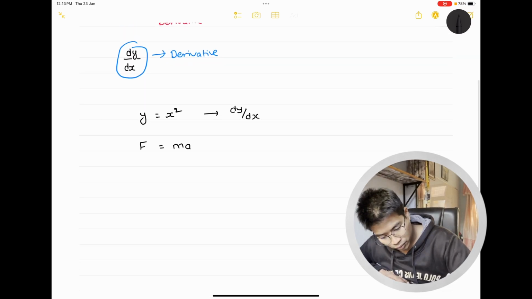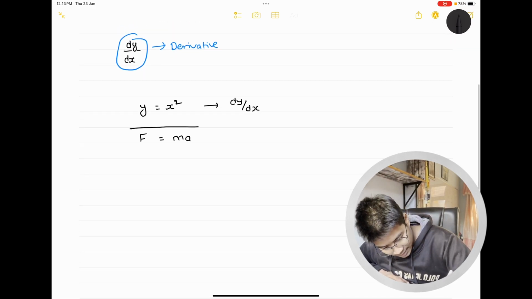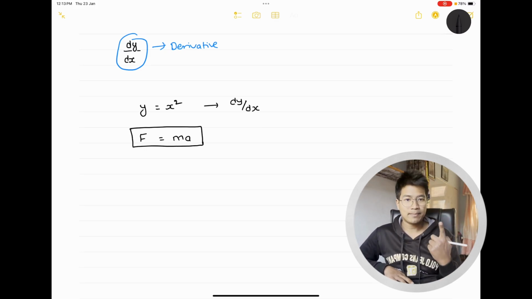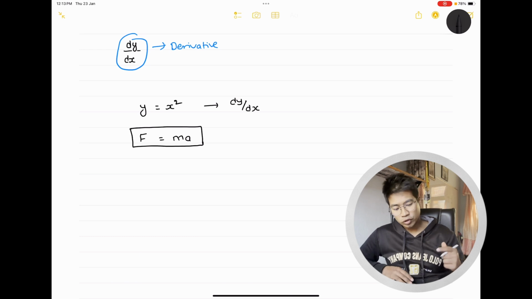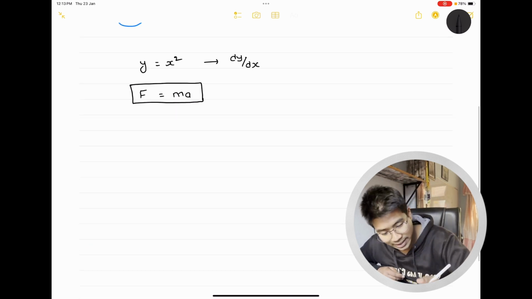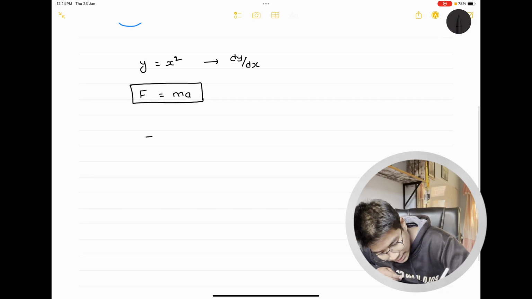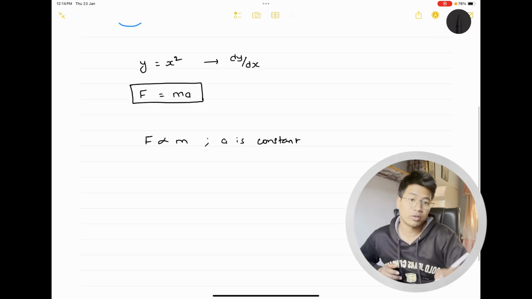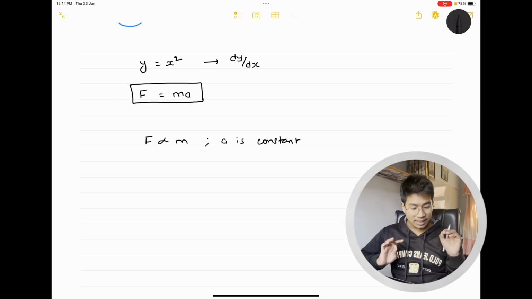Okay, so looking back at this, F is equals to ma has two variables, m and a. Okay, so if I want to find out relationship, then the way we did that was I said F is directly proportional to m when a is a constant. Okay, a being constant means I am not changing a.